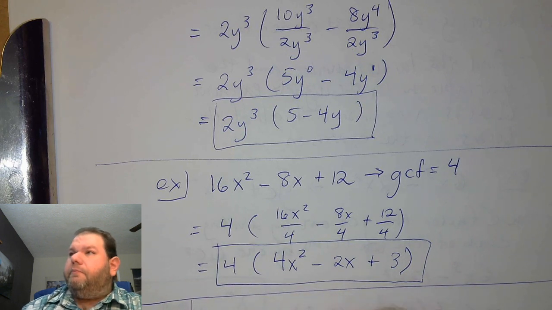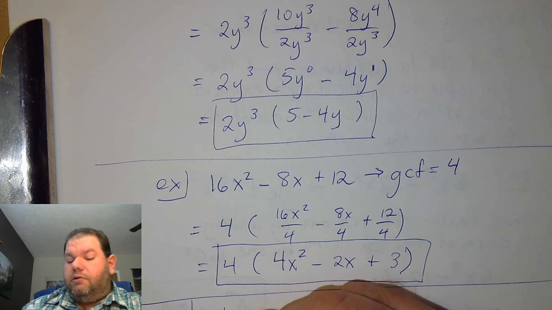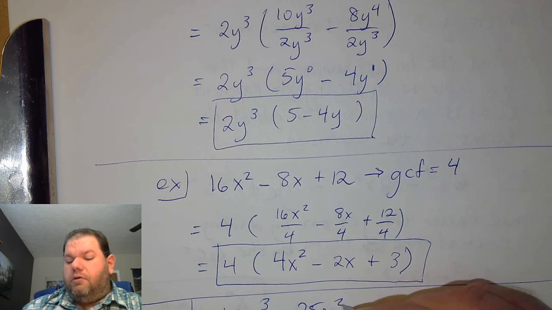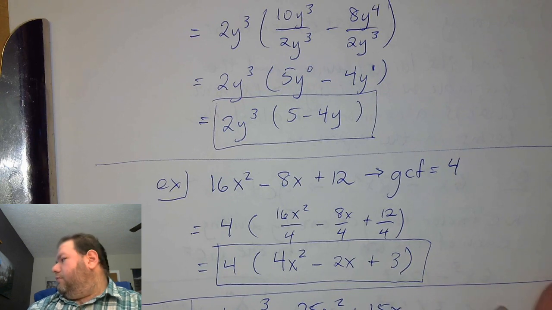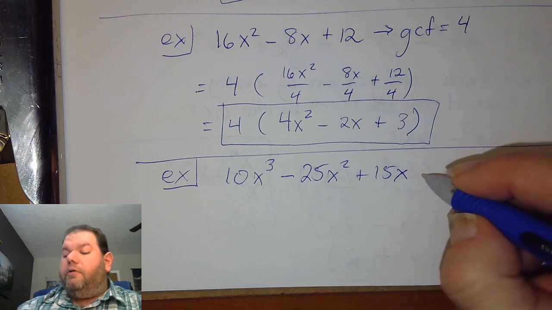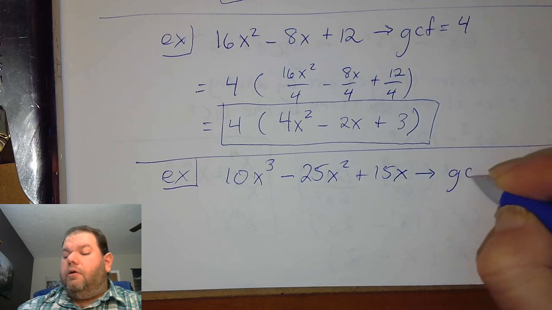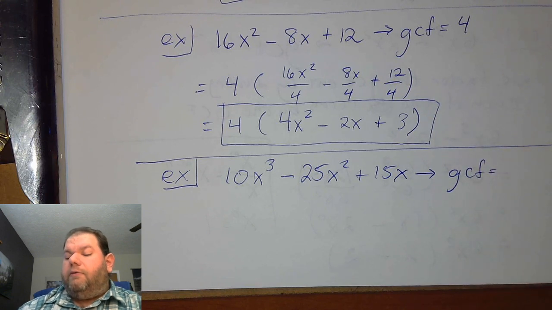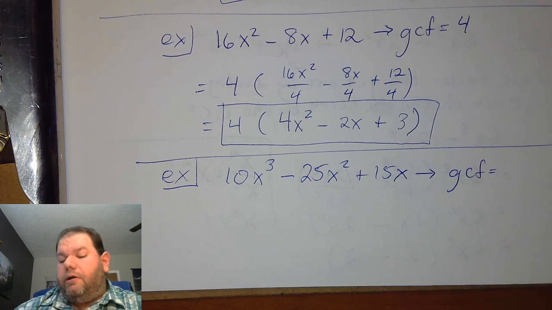Let's see. What about in this case? We have 10x to the third minus 25x squared plus 15x.